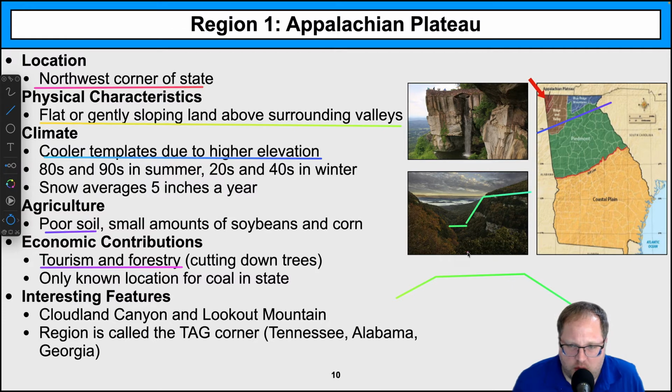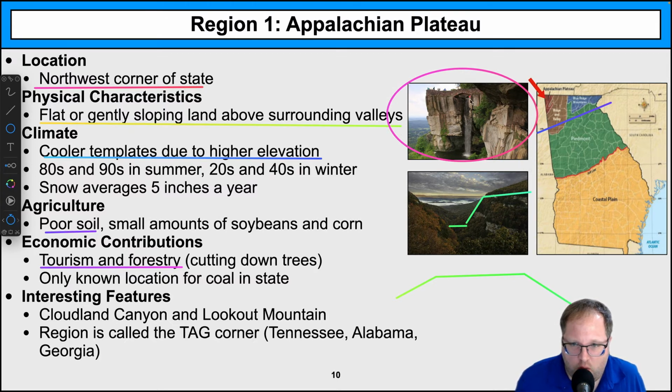In this region, when it comes to tourism, there's a couple of really cool locations you can go, like this one, Cloudland Canyon, which is a great place to go on a hike or a picnic or something like that. And then another famous location you could go to would be the Lookout Mountain, which is what you see right here.